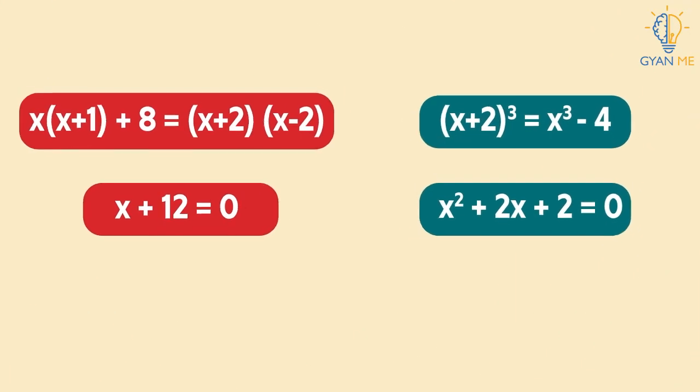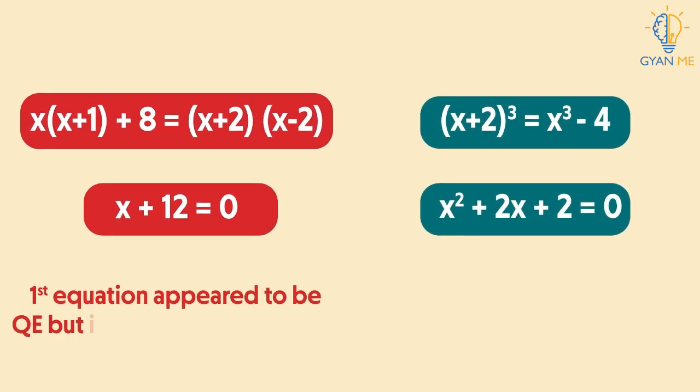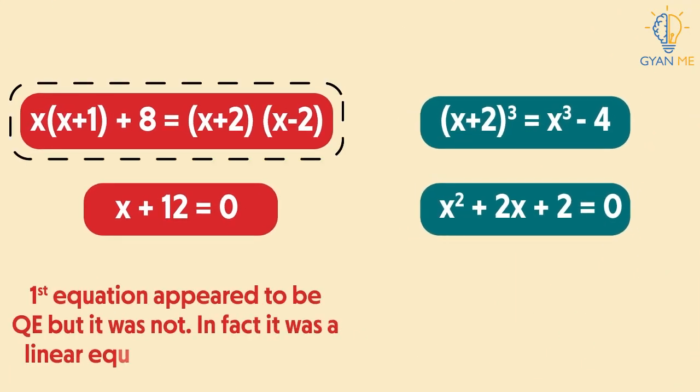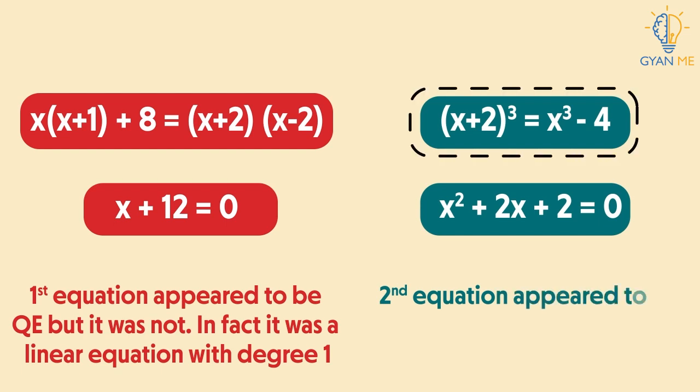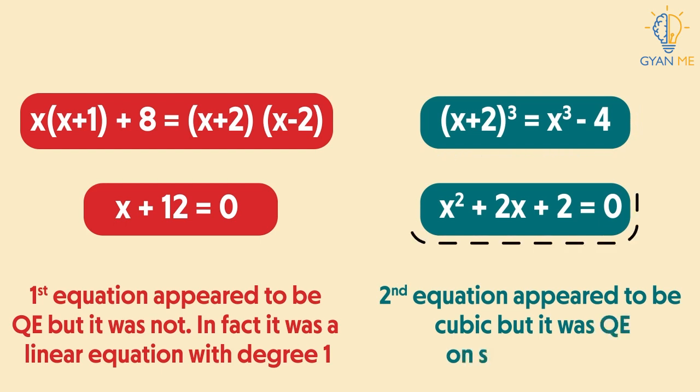Students, note that here our first equation appeared to be quadratic equation, but it was not. In fact, it was a linear equation with degree 1. While our second equation appeared to be cubic equation, but it was quadratic equation, that is with degree 2 after simplification.